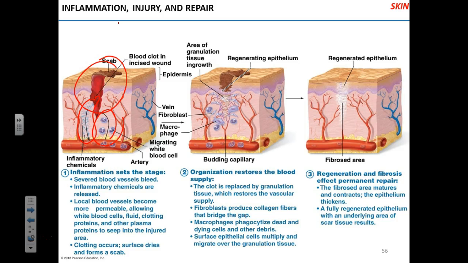If you have a lot of junk on the driveway, what are the ways to clean it? With a hose, right? You can just wash it off. So that plasma, when it goes into the tissue, it starts to, quote unquote, wash dead tissue, dead cells, pathogens from the tissue into the lymphatic system, like a sewer. Does that make sense? Why clotting?